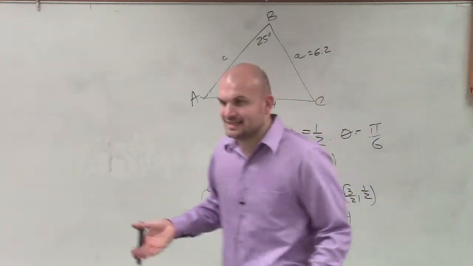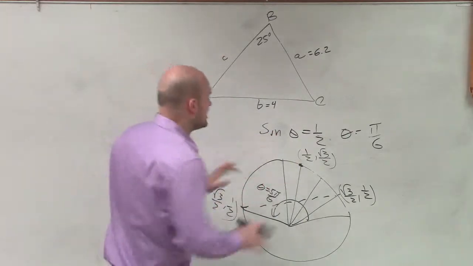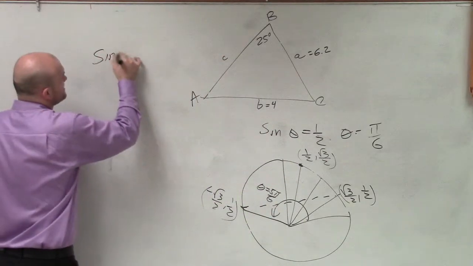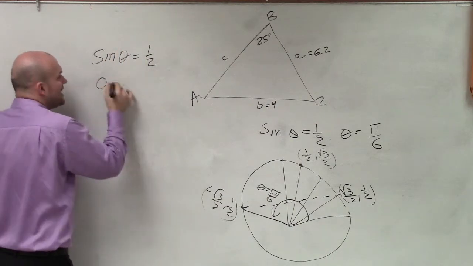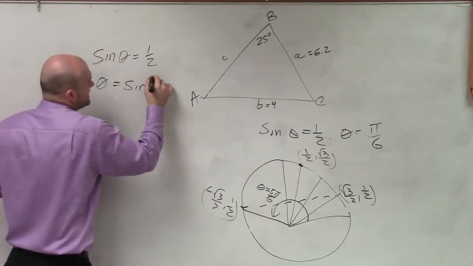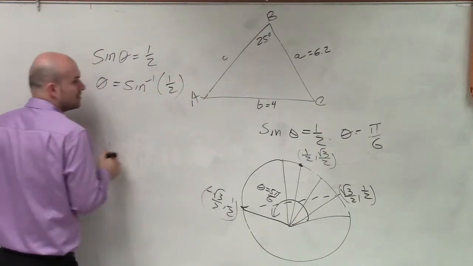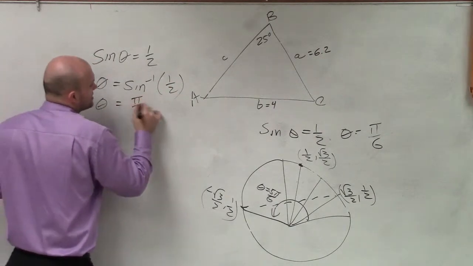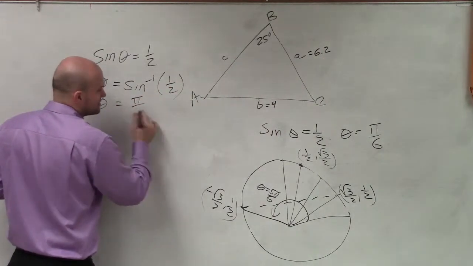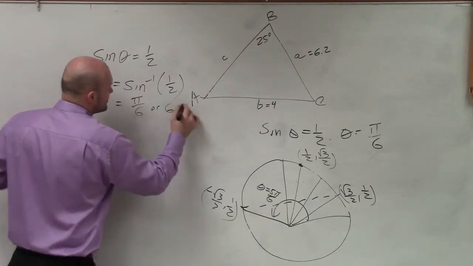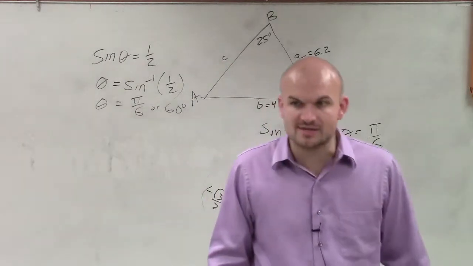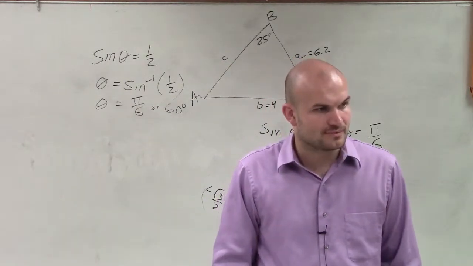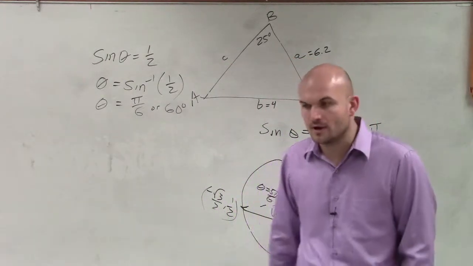So when you're taking the inverse, because that's exactly what we're doing: if I say the sine of theta equals 1/2, and I want to know what theta is, theta equals inverse sine of 1/2, which in our case is going to be pi over 6, or 30 degrees. Plug that into your calculator. Inverse sine of 1/2 will give you 30 degrees if you're in degree mode. All right?